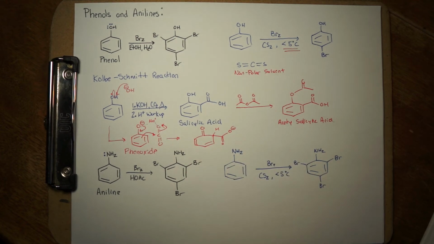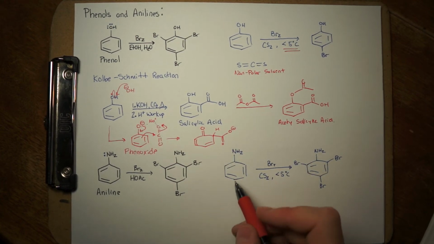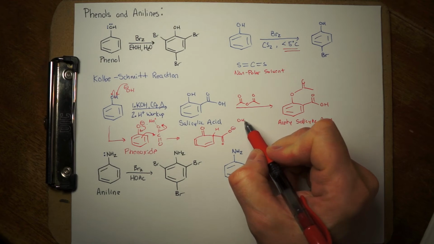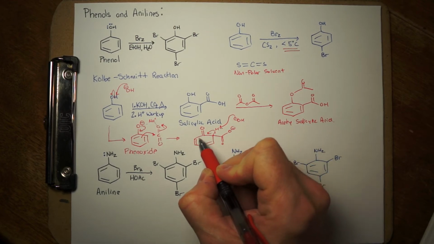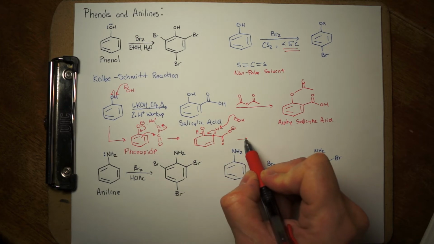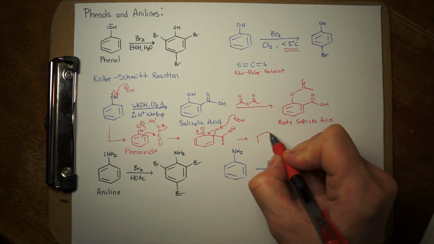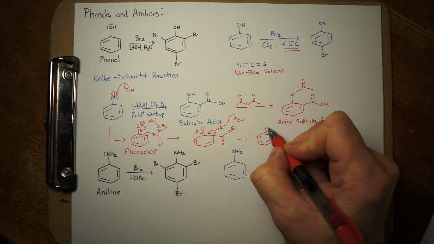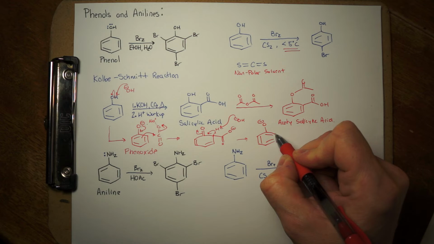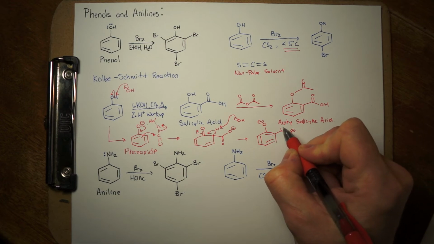Right? You can see we've installed our carboxylate group, and then since we're in base, we could take hydroxide, pluck off that proton, re-aromatize, right?